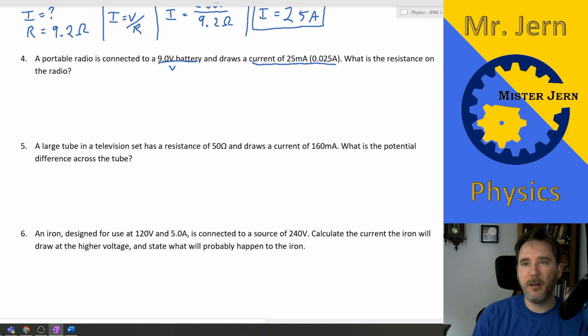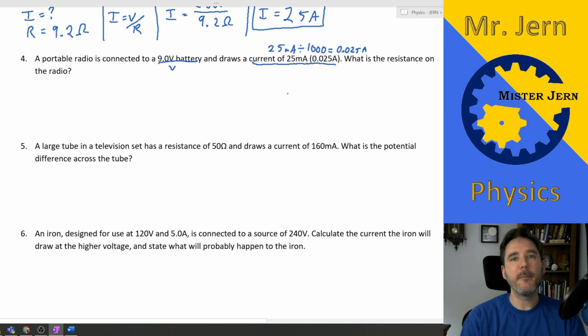In other words, 0.025 amps. How did I get that? Well, to go from milliamps to amps, I'm going to divide 25 milliamps by 1,000 to give me 0.025 amps. So divide by 1,000 to go from milliamps to amps.